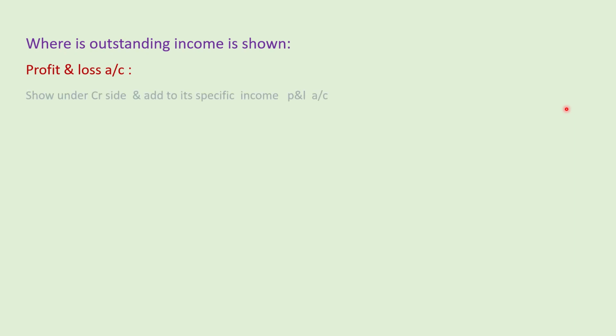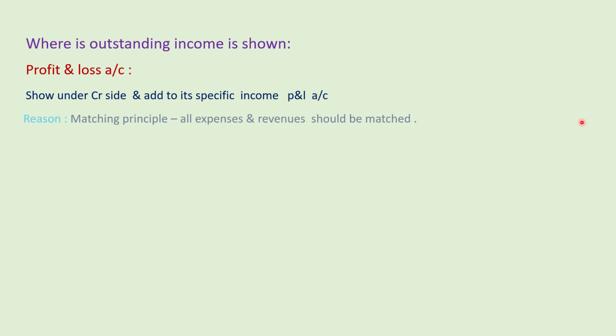Let's see where this outstanding income is shown. Under the profit and loss account, it is shown on the credit side, and this outstanding income will be added to its specific income. The matching principle says that all the expenses and revenues should be matched in the current accounting period.